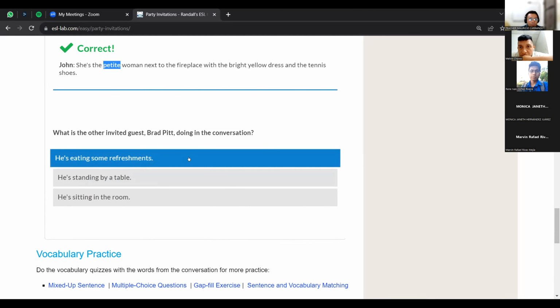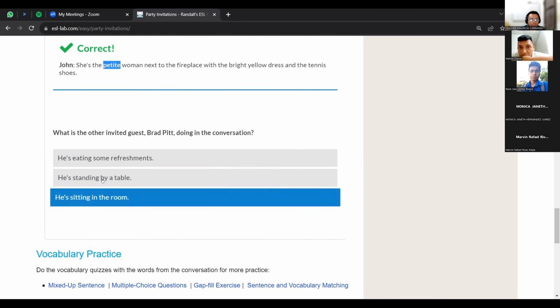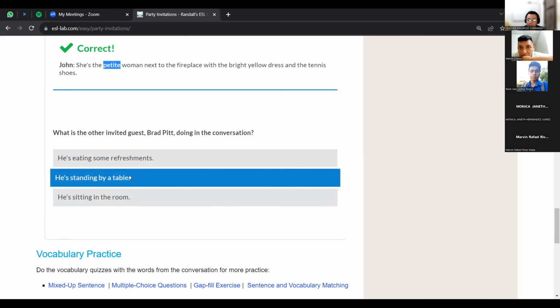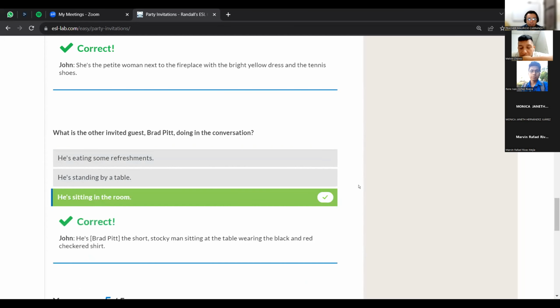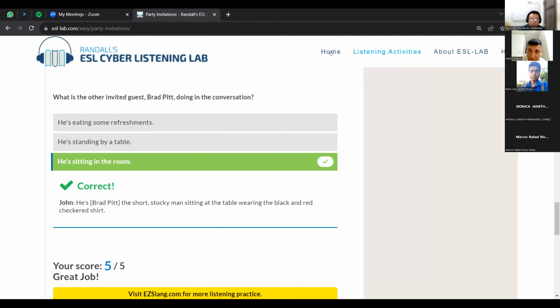He's not eating some refreshments. Y no está parado a la par de la mesa. Dice que está sentado. So he's sitting by the table. O sea, está en la mesa sentado. Pero como no está la opción, lo más correcto sería he's sitting in the room. Okay, está sentado ahí en el cuarto. Dice. Okay.